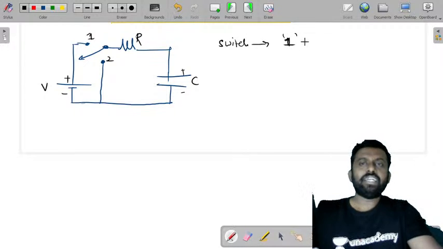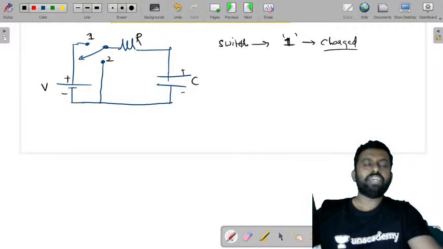Now when it is connected to 1, the capacitor gets charged. Let's say we are connecting at 1 for a long time, so it's fully charged. When I switch it to position 2, that means there is no supply to this capacitor, and now it starts discharging.